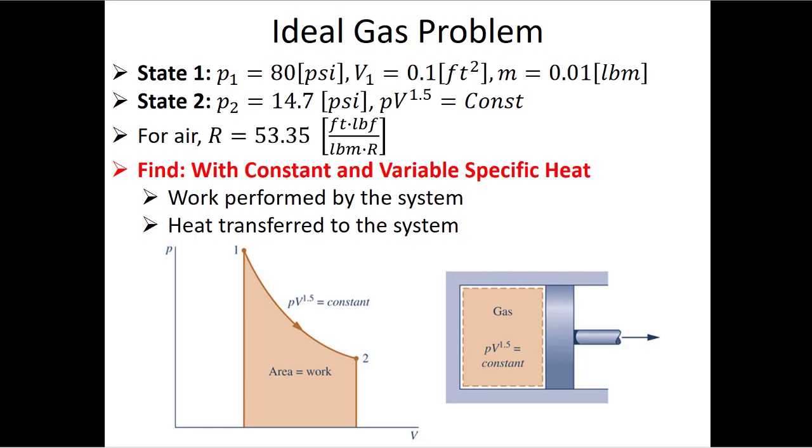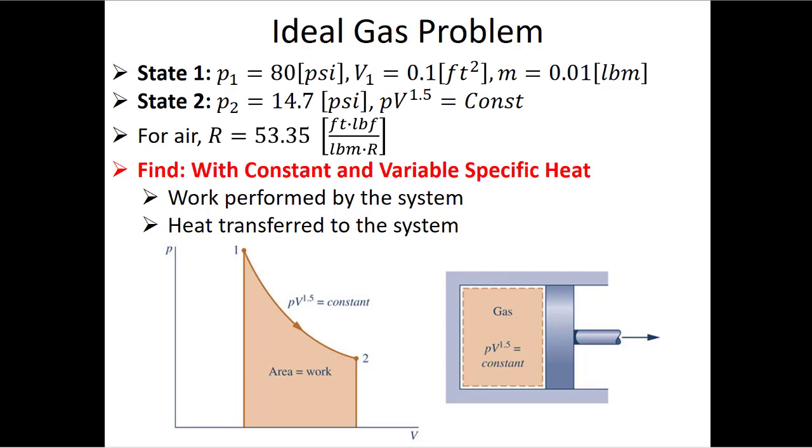At state 2, we have a pressure of 14.7 psi. That's atmospheric pressure. And we're told for this process, as we move from state 1 to state 2, that P times V to the power of 1.5 is constant. So we do have a relationship between pressure and volume.